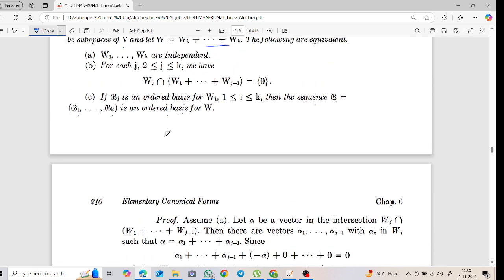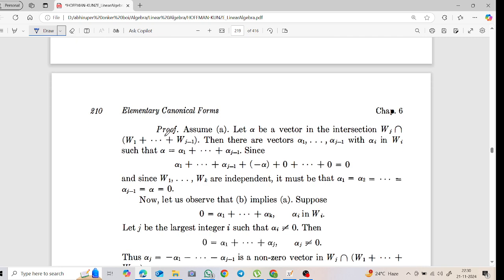So first we assume that they are independent. Let alpha be a vector in the intersection. Then there exist vectors alpha 1 to alpha j minus 1 with alpha i in Wi such that alpha 1 plus up to alpha j minus 1 is equal to alpha, and you get this, right?